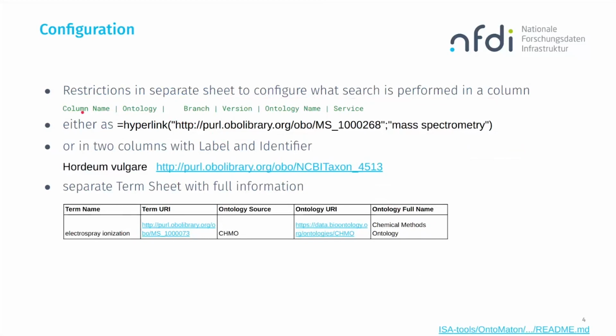Basically you configure what column, what ontology, what branch, and maybe also even which lookup service is used. There's also a separate term sheet that will collect all the terms that you have used elsewhere in the spreadsheet. So this is then your inventory of used ontology terms.